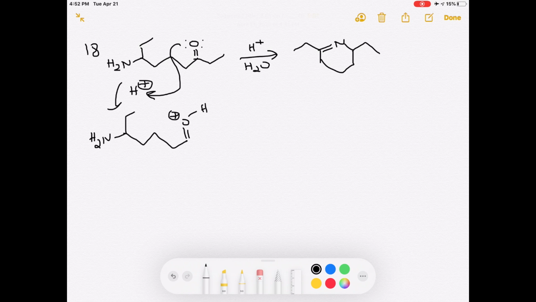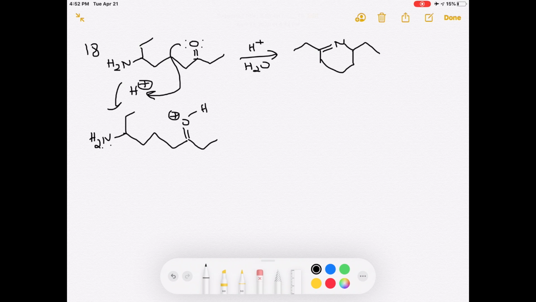an oxonium ion. And an oxonium ion is very unstable, so the molecule has to find a way to go to a more stable state. This is where the amine group comes into play. Actually, let me just erase that. It does not have an additional lone pair.